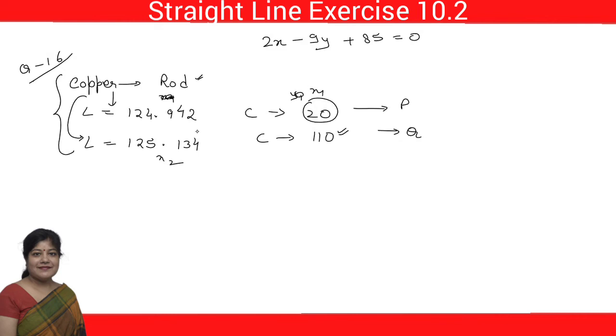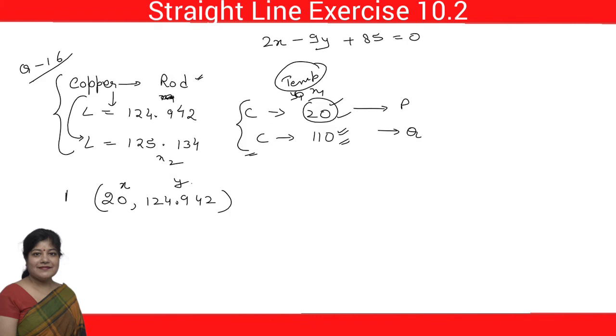It's better because we are changing the temperature. So this is the independent variable. So we take 20 as x and 124.942 as the y variable, because x variables are independent variables and y variables are dependent variables. That's why we have chosen like this.